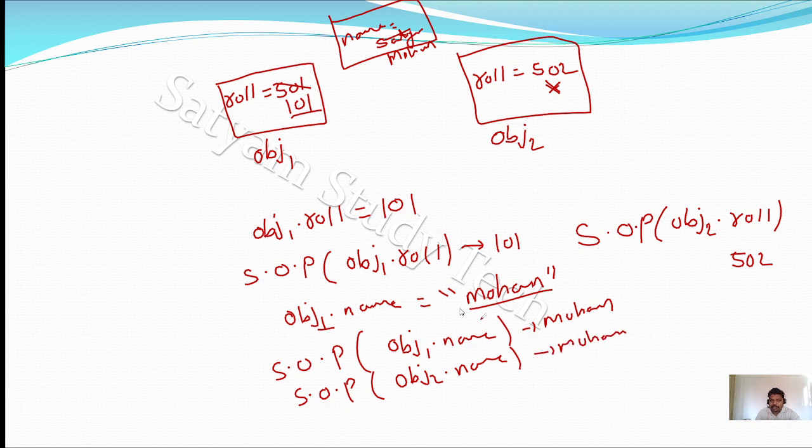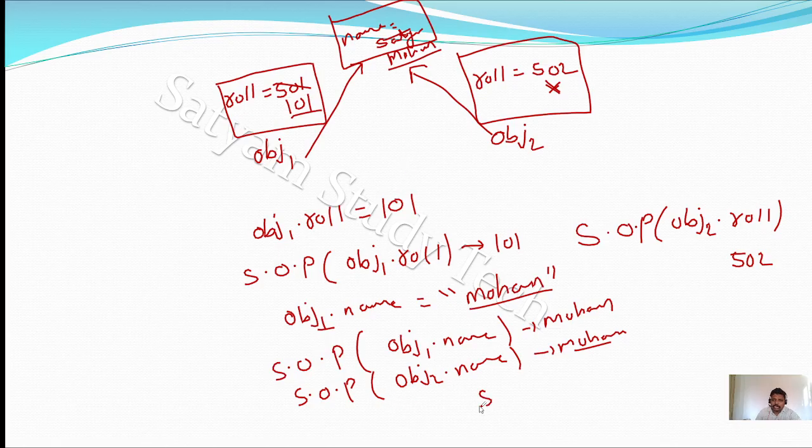For instance variables, if you change one object's value, it cannot affect another object. But here, if you change object dot name to Mohan, object 1 dot name is Mohan and object 2 dot name is also Mohan, because object 2 also refers to the same memory location. That's why the name is Mohan.